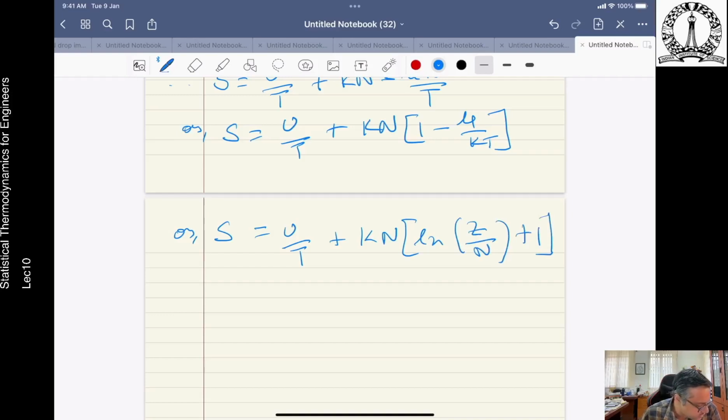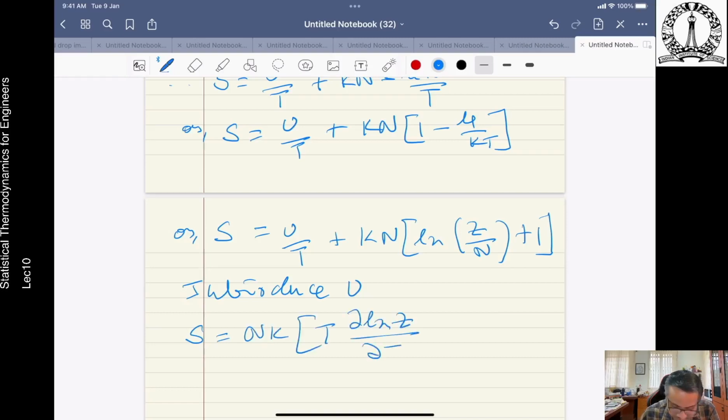Okay, so if you introduce u now, then therefore s becomes equal to nkt d ln z by dt at v plus ln z over n plus 1.